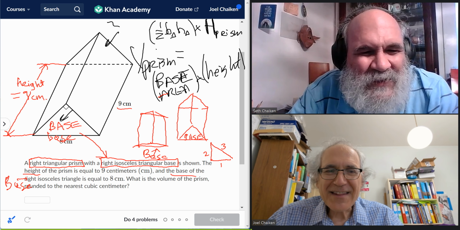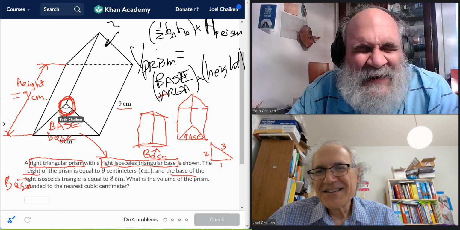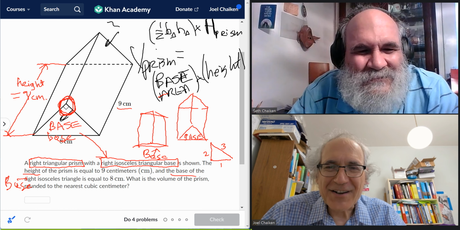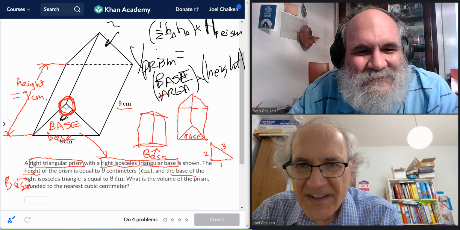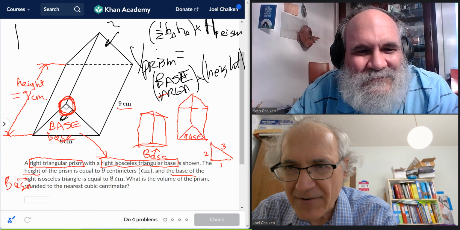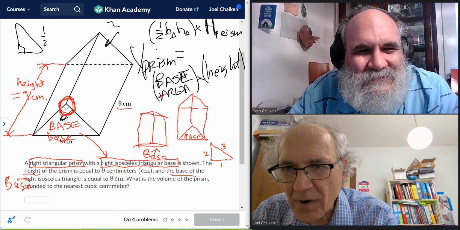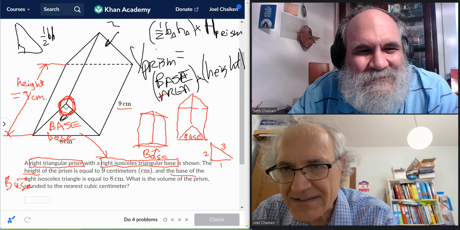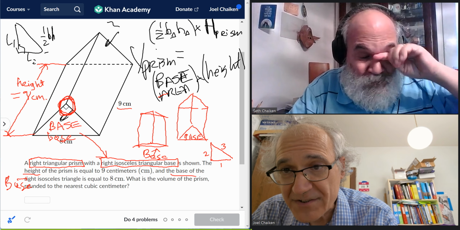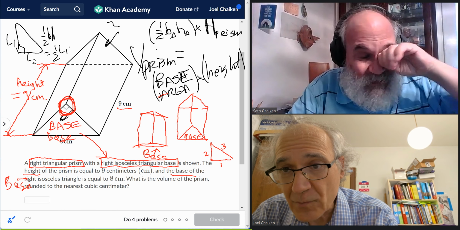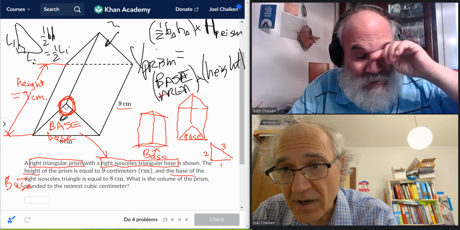In this case, the area is 1/2 L1 times L2, the two legs of the triangle. The legs are the parts of the triangle that make the right angle. So this would be L1 and this will be L2.